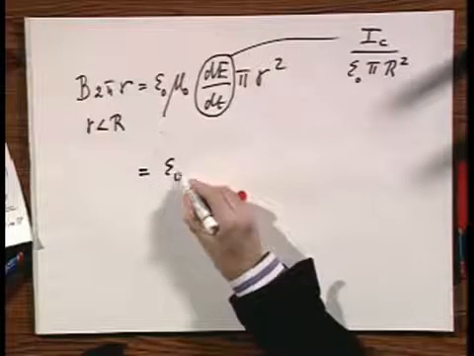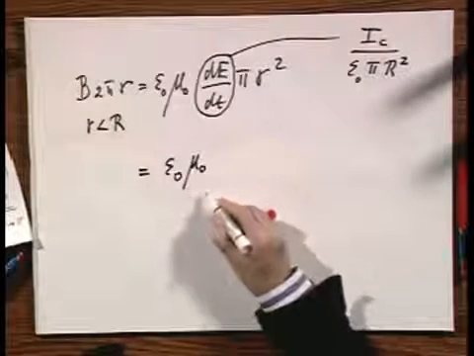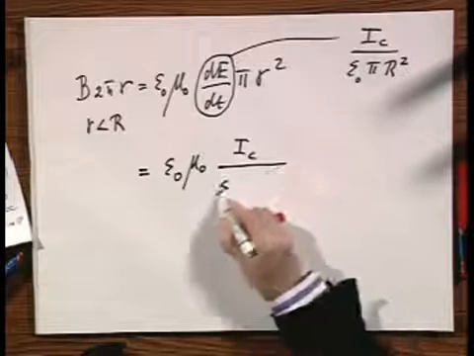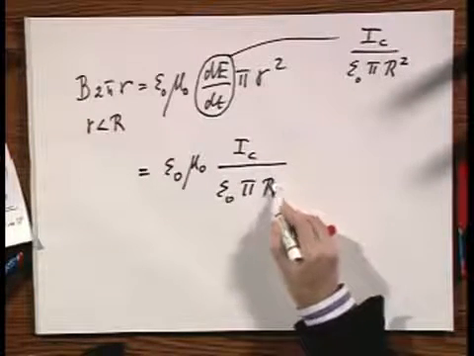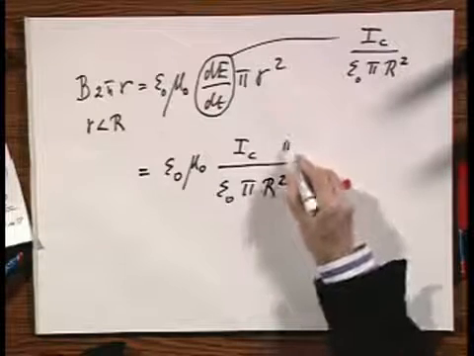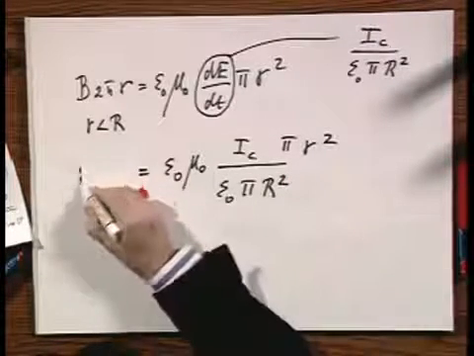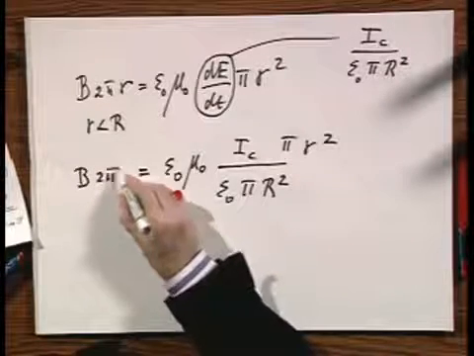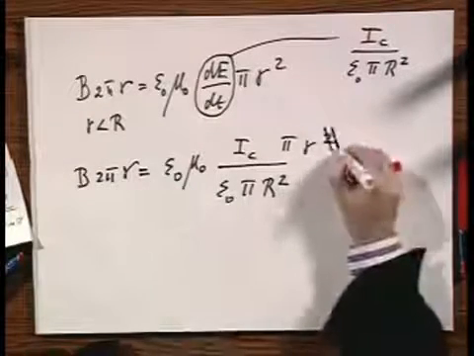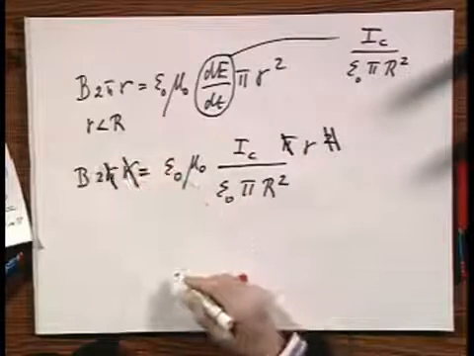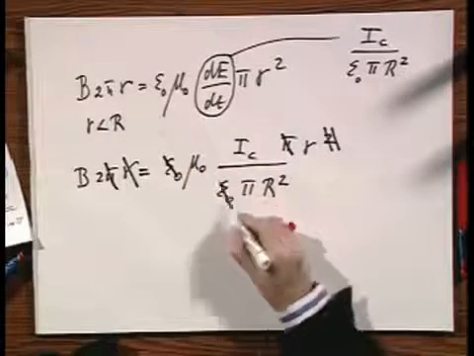I find epsilon 0, mu 0, I_C divided by epsilon 0 pi R squared times pi little r squared. And that is B times 2 pi r. This r vanishes. I lose a pi. I lose an epsilon 0.